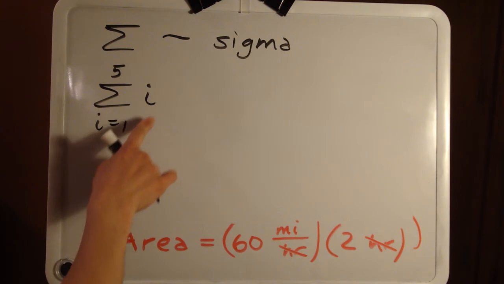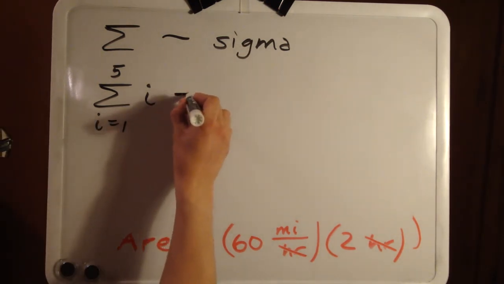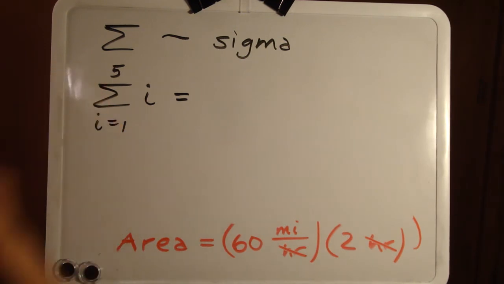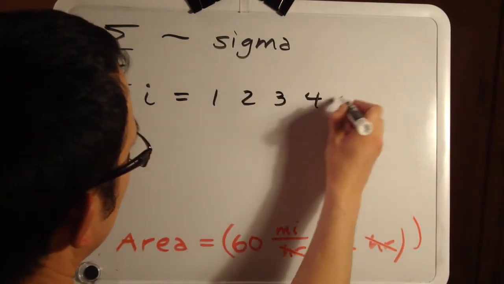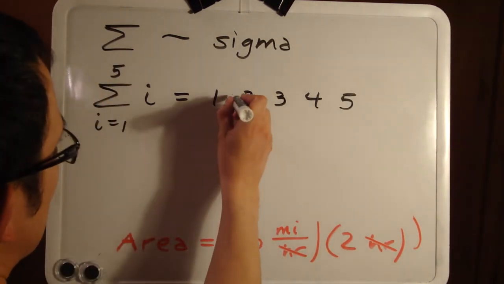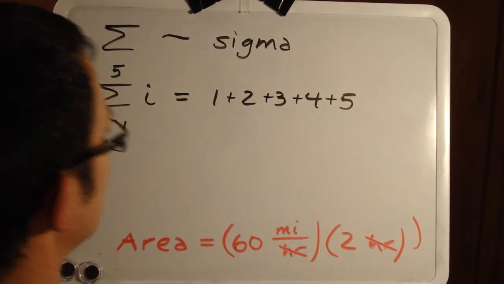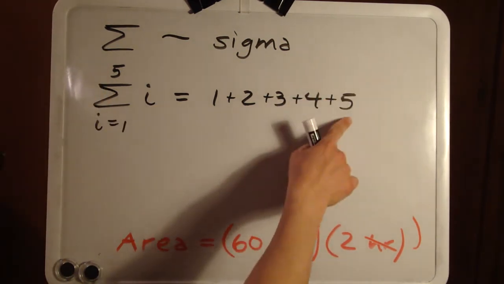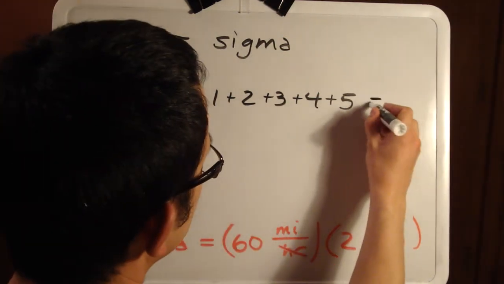And so what we're doing here is we're adding up those numbers, just the i's. So the way to interpret this is we're going to start at 1 and stop at 5, so you can write down the numbers 1 to 5, and then again the sigma here means to add. So we just take these and we add them up. Okay, so this is a fairly simple exercise. So we get, it looks like 15.